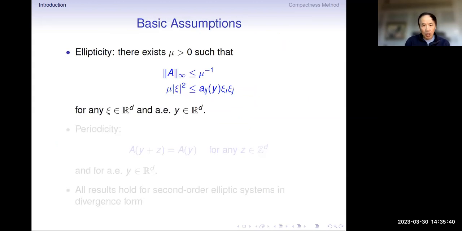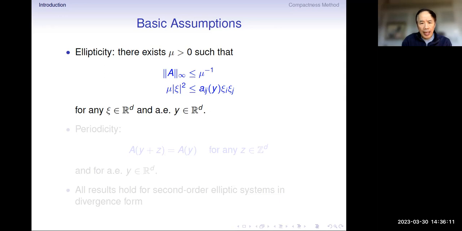Right? So ellipticity means that the matrix is positive definite. Ellipticity constant is denoted by mu, which is positive, and we're also assuming the matrix is bounded. You can always choose a constant, so the upper bound is mu to the power -1.